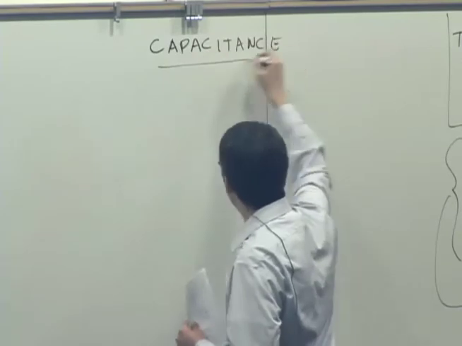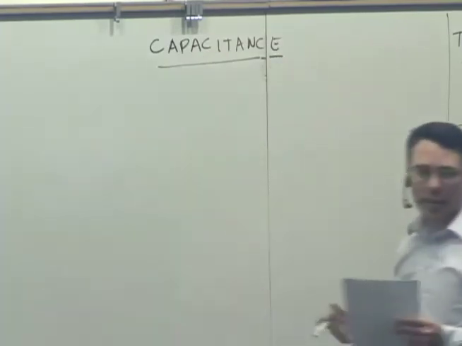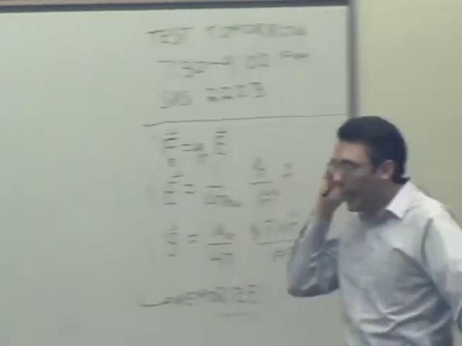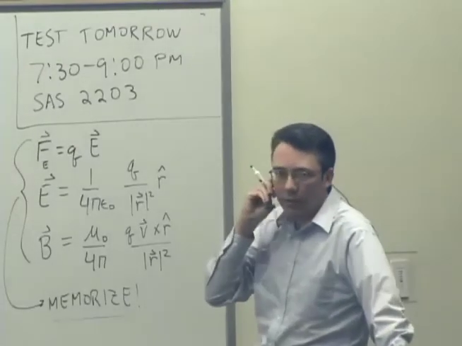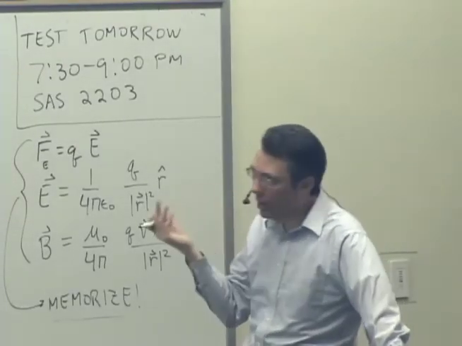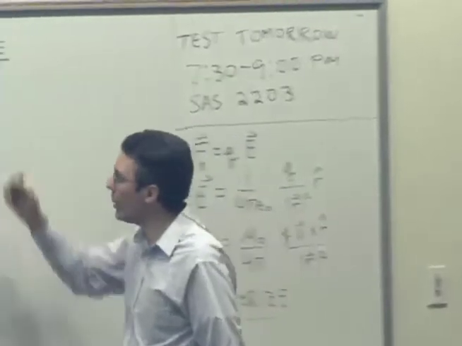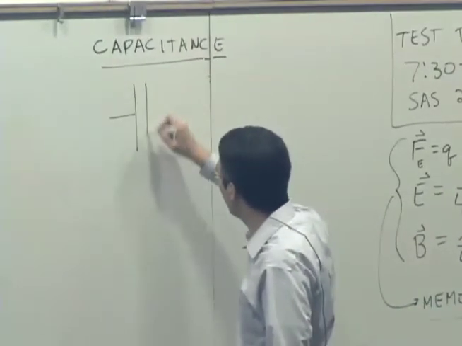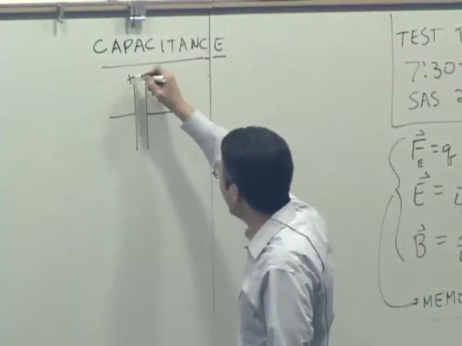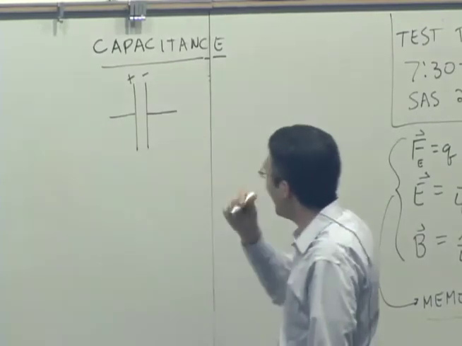So we looked last time at charging and discharging a capacitor, and it turns out that the amount of charge that can be stored on a plate of a capacitor, so again we're talking about a parallel plate situation, and one side gets charged positive, the other side gets charged negative.